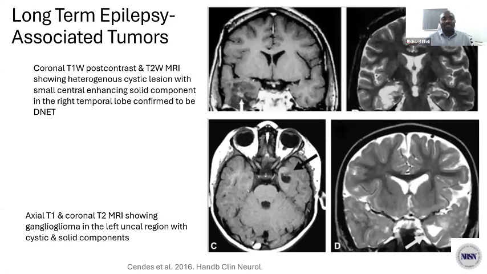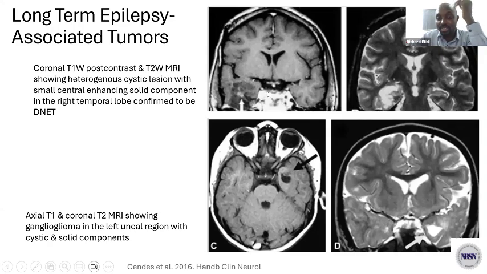The other etiological cause of epilepsy is the long-term epilepsy-associated tumors, which are also a common cause. The common ones that are encountered include the DNET and the ganglioglioma.